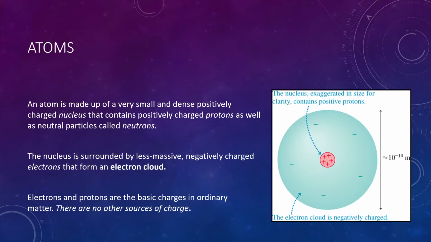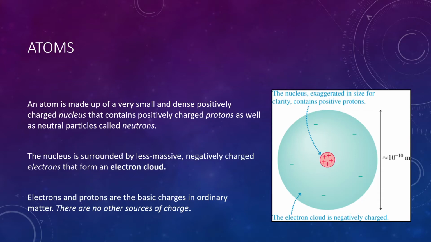That nucleus is then surrounded by the much less massive, negatively charged electrons. And these can, quote-unquote, orbit at great distances away from the nucleus. But they don't really orbit like planets around a sun, as we've learned because of modern physics and everything like that. It's more like an electron cloud. We don't really ever know exactly where one electron is, but we know based on probability where it should be.